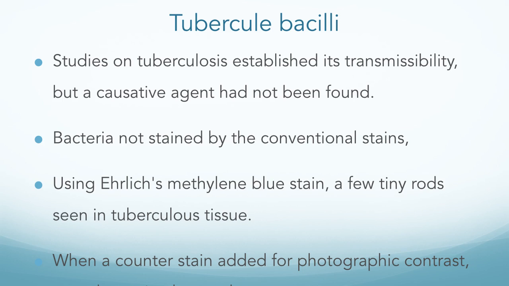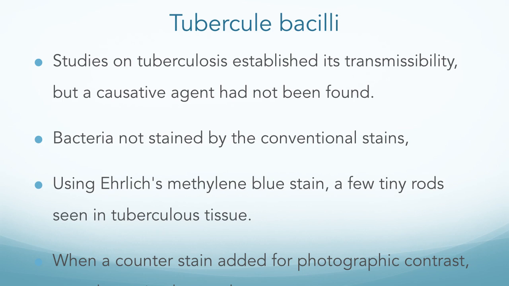He used Ehrlich's methylene blue stain to stain the organism, and he detected a few tiny rods in the tuberculous tissue. When he added a brown counter stain for photographic contrast, he observed more bacteria.